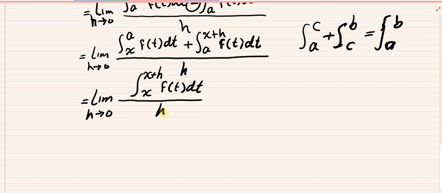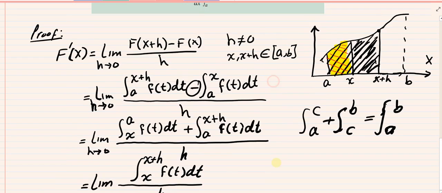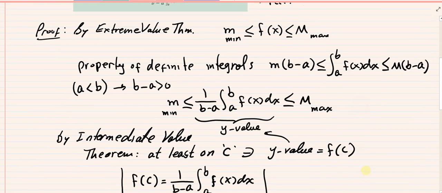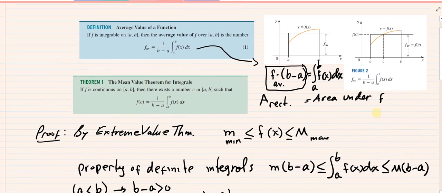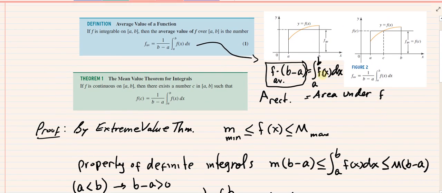Now, remember the mean value theorem. The mean value theorem told us that we can write the definite integral as the area of some rectangle, right? That's what this is.